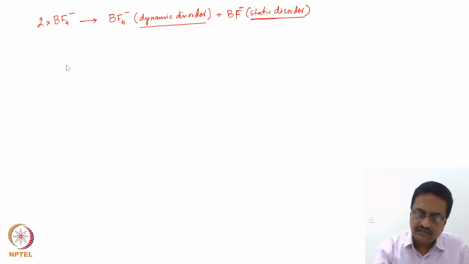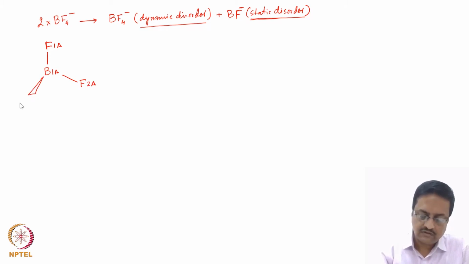So let us take the example. We write BF4 at two different locations. So I write it as B1A with F1A, F2A, F3A, and F4A.